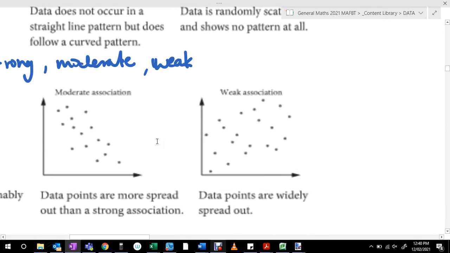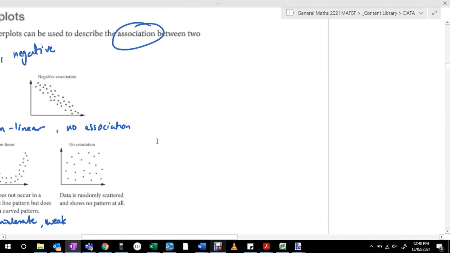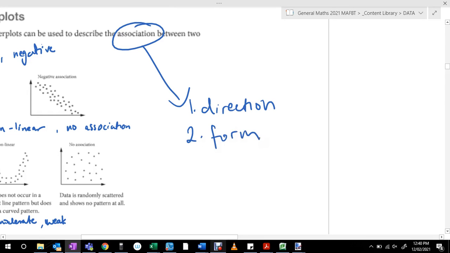So to summarize, when you're describing association, there's three things you have to talk about. Direction, form, and strength. For direction, you've got two options: either positive or negative.